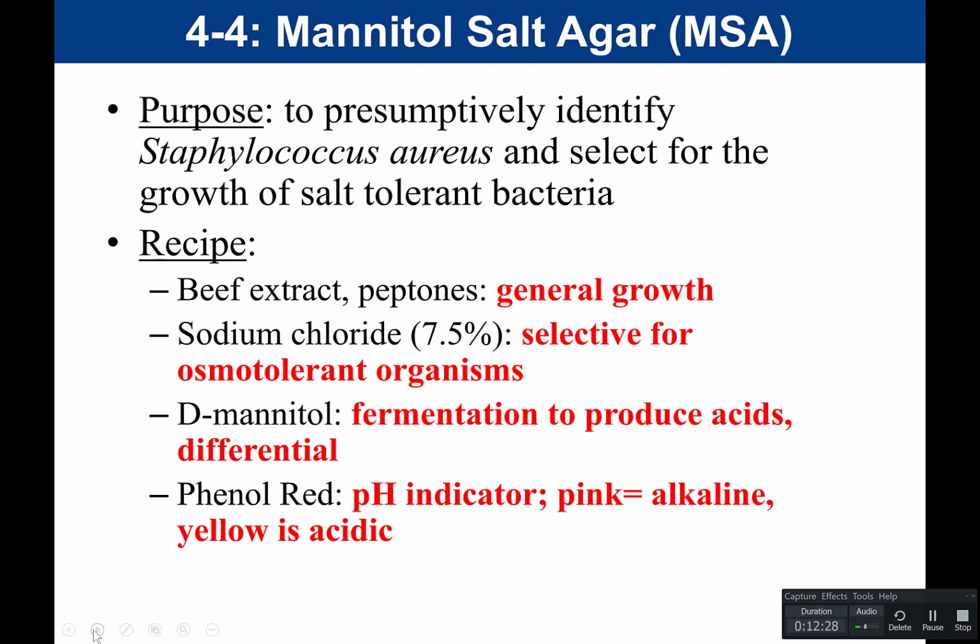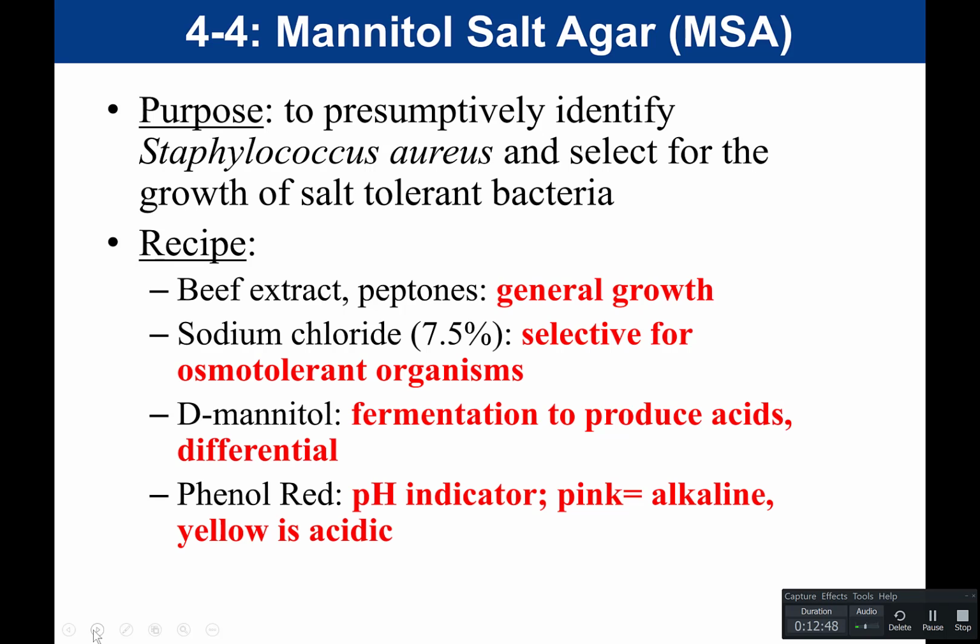But what you do want to know is that sodium chloride is included in the media, and it's at a high concentration. It's 7.5%. Inside the cell is approximately 0.85%. So almost 10 times higher concentration of sodium chloride is included in the media.